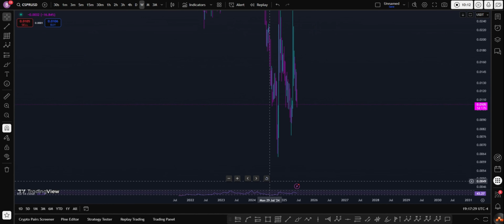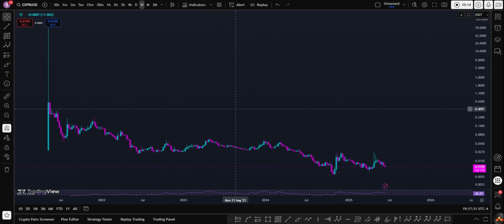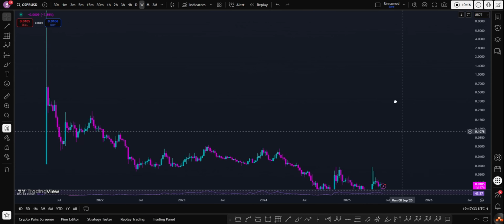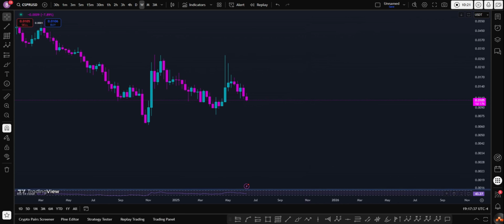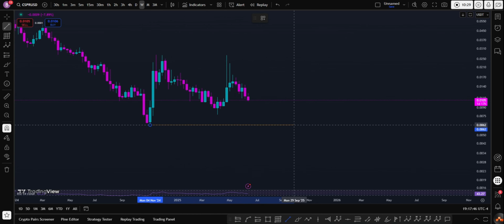for Casper is still on, because the bullish structure, like I've showed you, is still there. Remember in the last video I posted, I told you to put this as your invalidation zone.